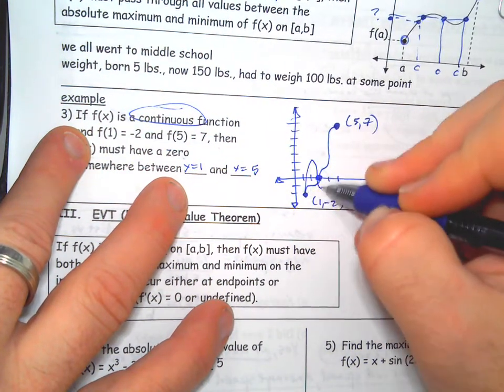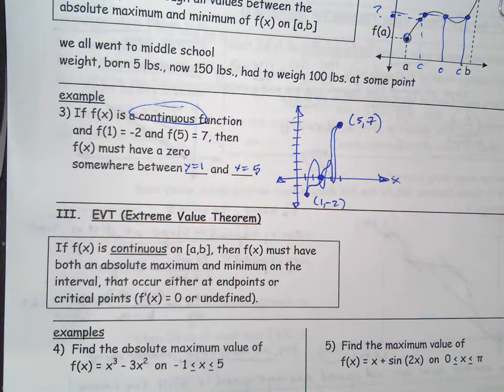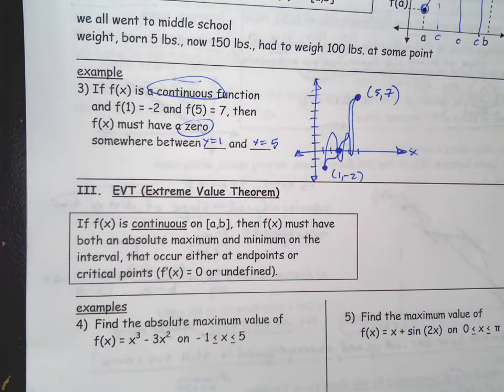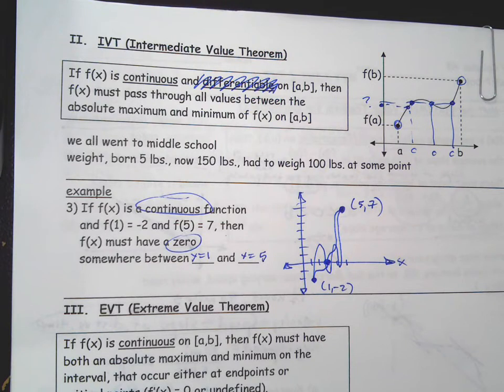Now, it could go through 0 a bunch of times, right? Could be more than once, right? Okay, 0, by the way, is an x-intercept, right? Or the function equals 0. Okay, so it's actually a really simple idea. Like, hey, you got to go through all the points. It has a really fancy name, intermediate value theorem.